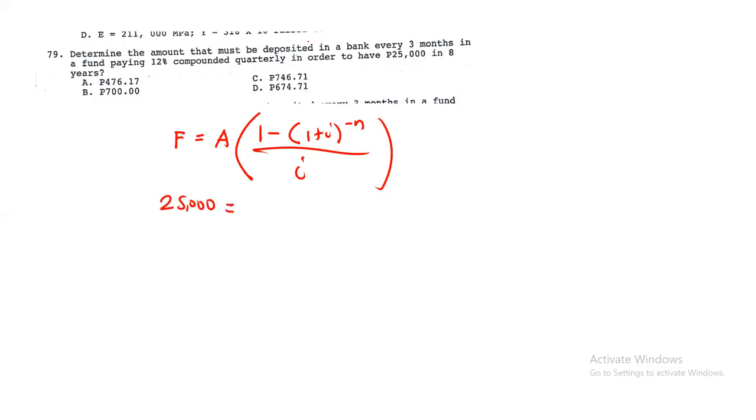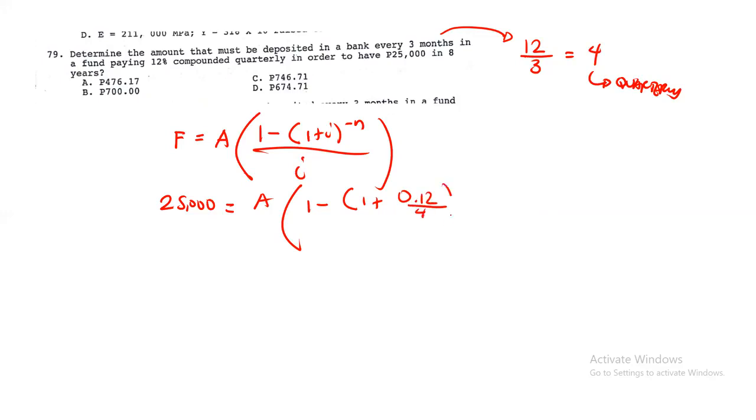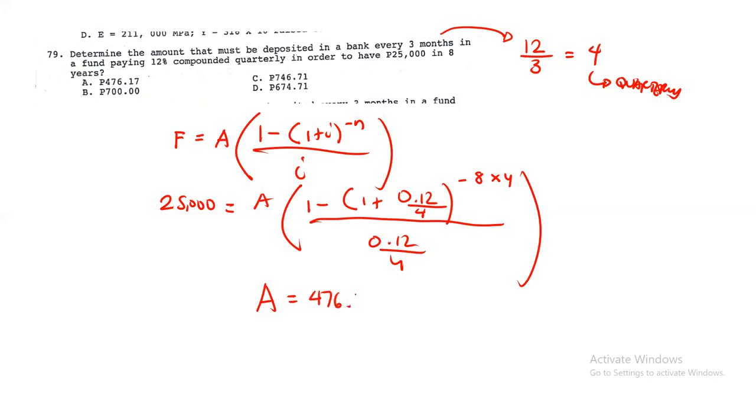Every 3 months is quarterly rin yan. 12 over 3 is 4, so no need to convert na yung interest. So, A times (1 minus (1 plus 0.12 divided by 4) raised to negative 8 years times 4) divided by 0.12 divided by 4. Makukuha natin si annuity, 476.17. So, the answer is letter A.